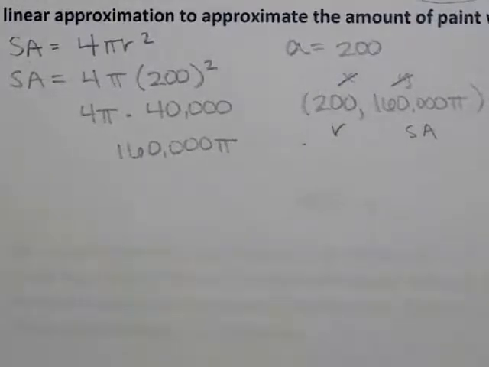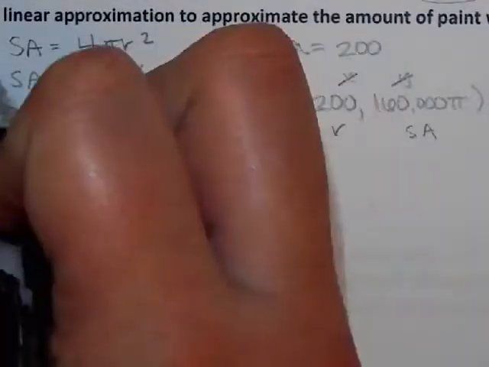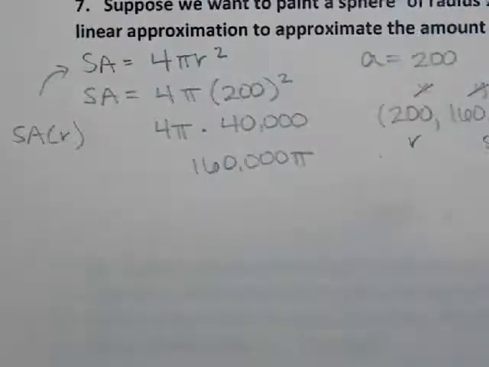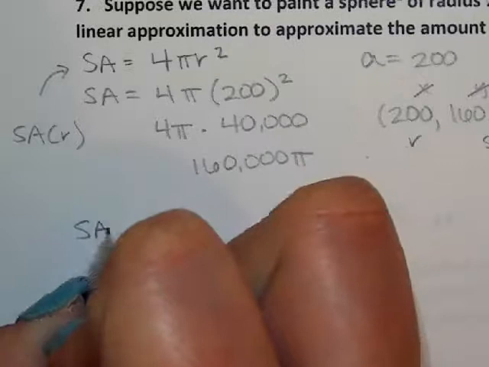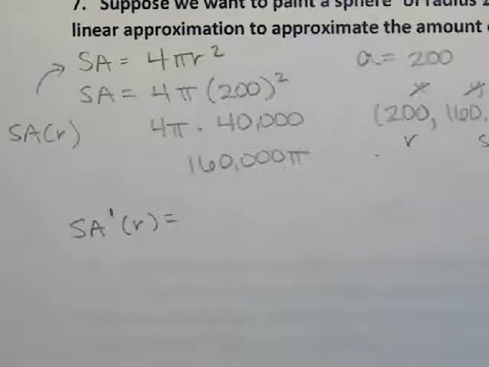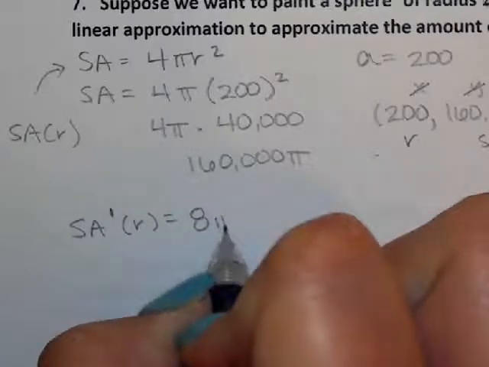So if that's the x and the y coordinate of my tangent line, how do I find the slope of my tangent line? The derivative of the surface area, okay? So this was SA of R. Next I want SA prime of R. And so what's the derivative of that?